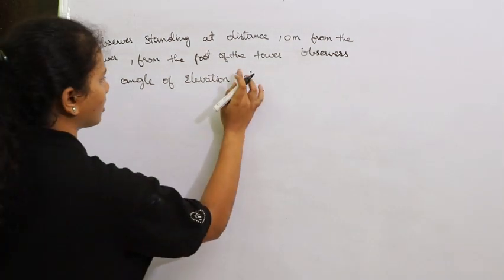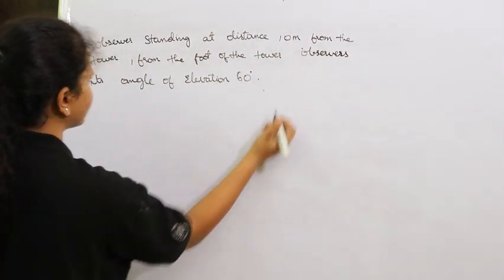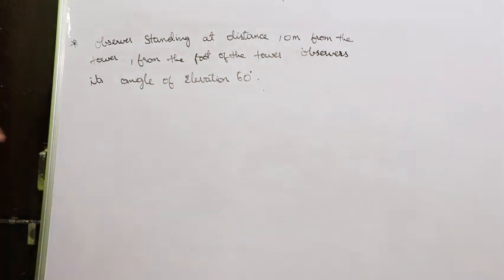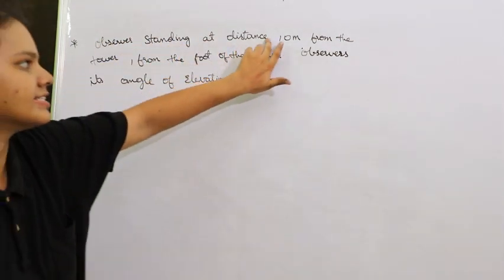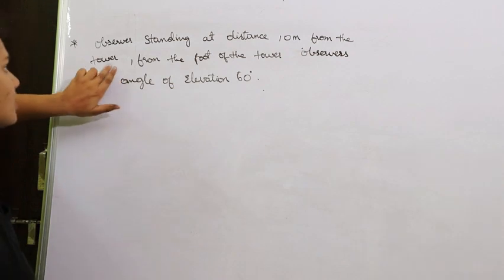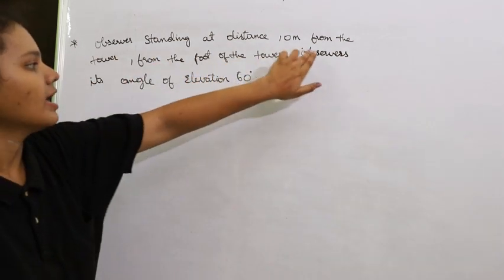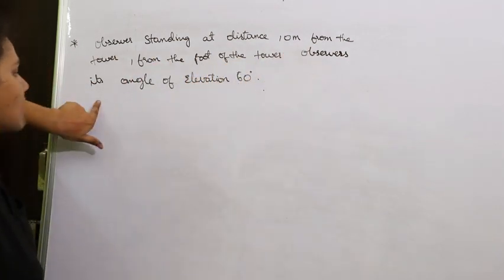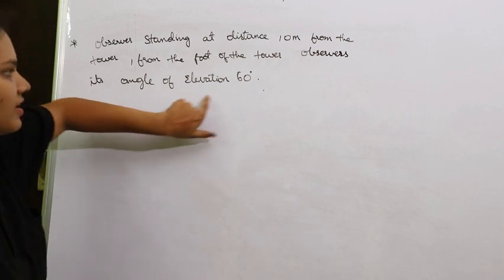Very good. Now draw the suitable diagram for this given situation. Just read out the question. Observer standing at a distance of 10 meters from the tower. From the foot of the tower, the observer observes its angle of elevation as 60 degrees.